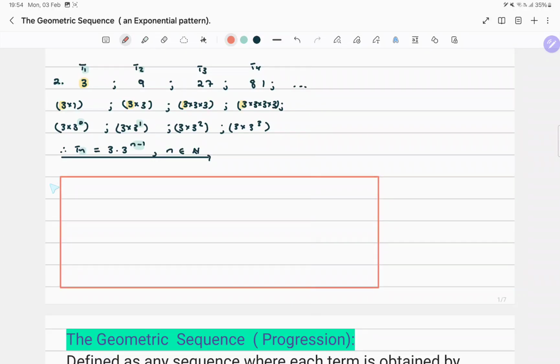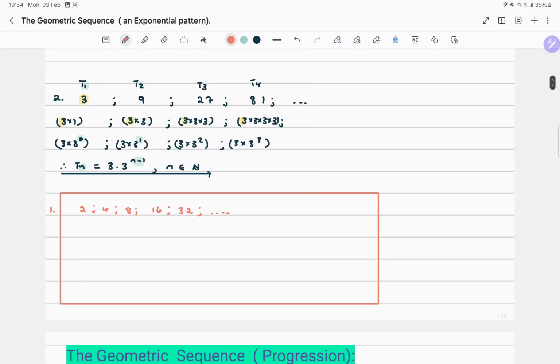Let's just take that example 1. So we had 2, 4, 8, 16, 32, and then this keeps on going. Now, let's say our interest is to try and find out what would be the last term, because remember, the nth term is what we can regard as the last term.